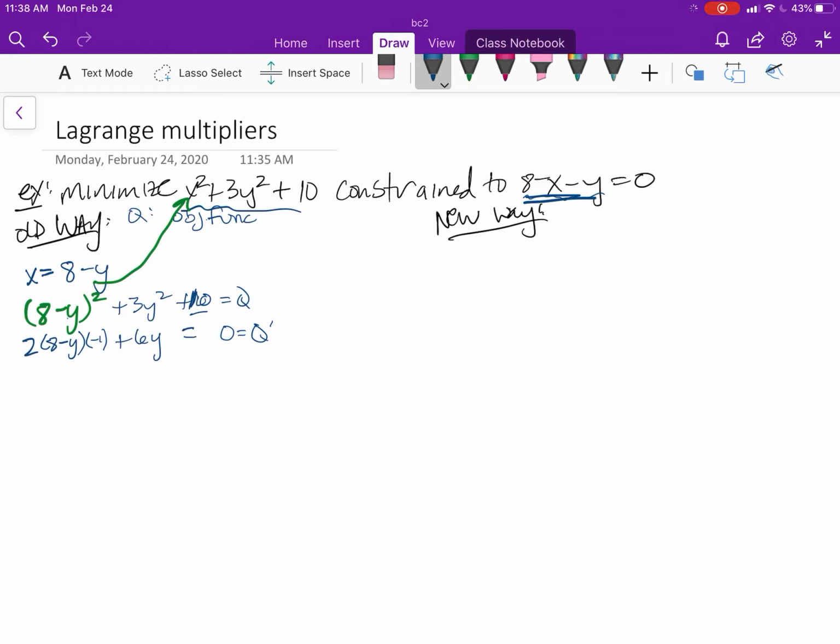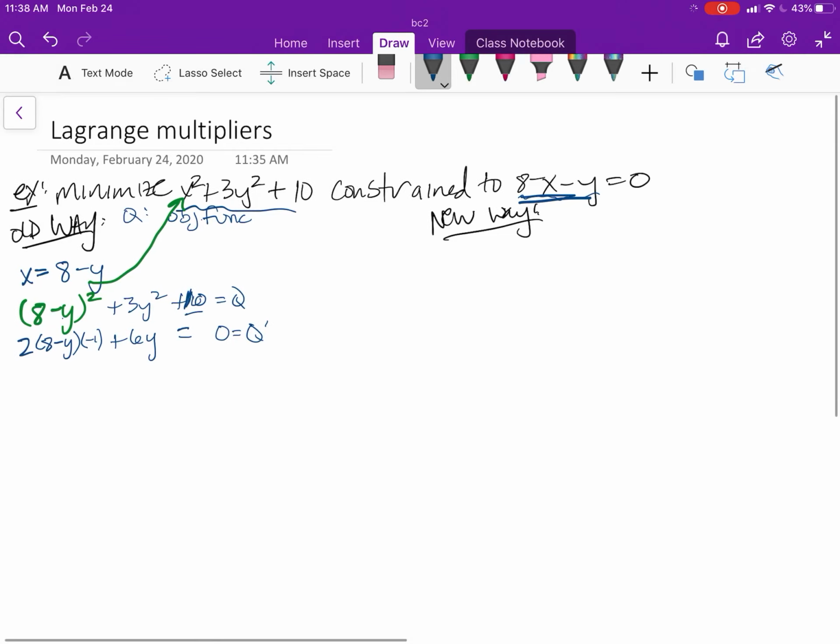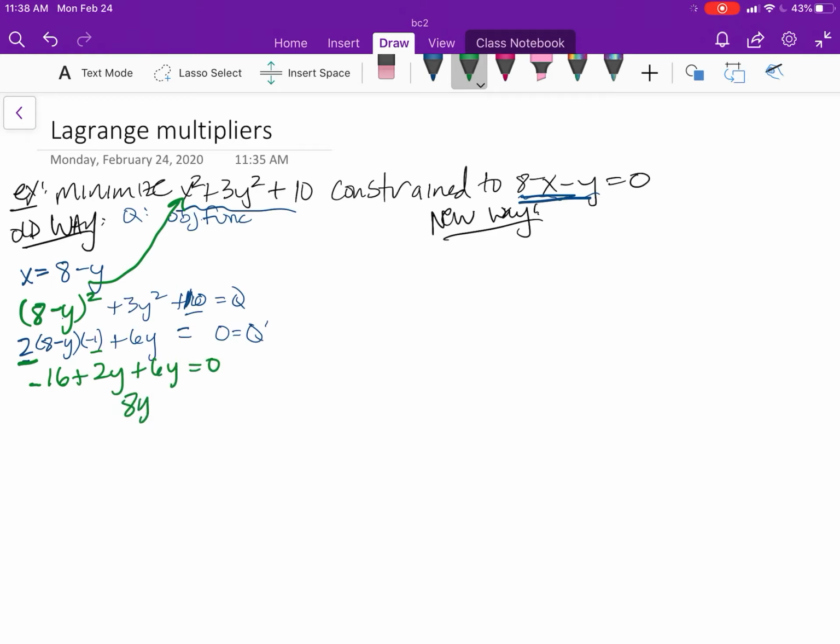Okay. So cleaning this up and solving for y, let's distribute this negative 2, right? So we'd have negative 16 plus 2y plus this 6y equals 0. 8y equals 16, and y is 2. Now that we have y, we could go back to our constraint, right?